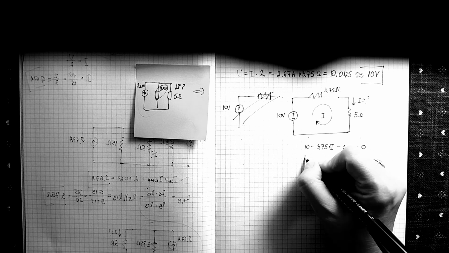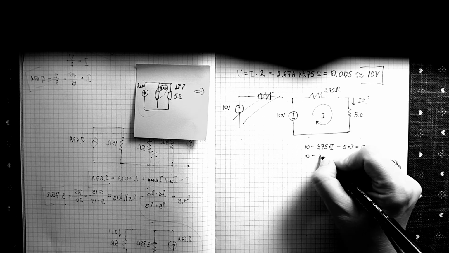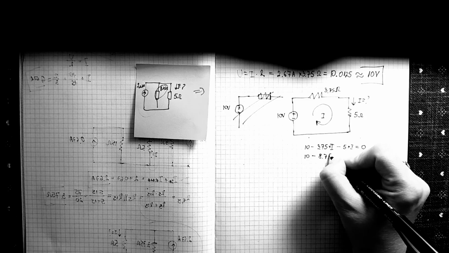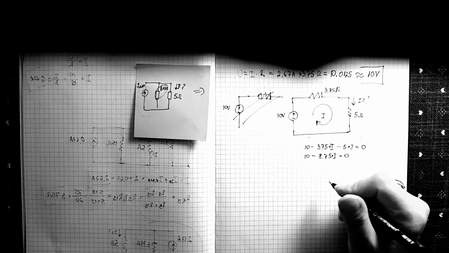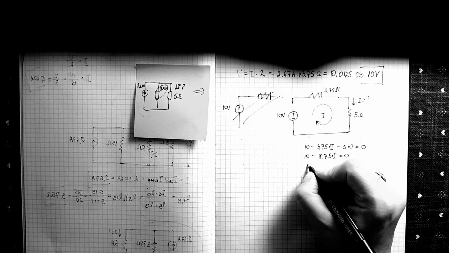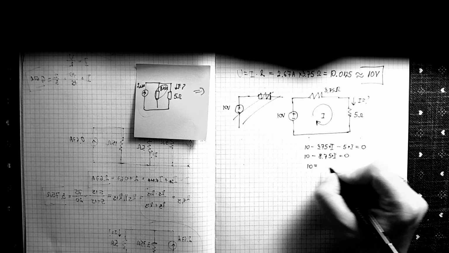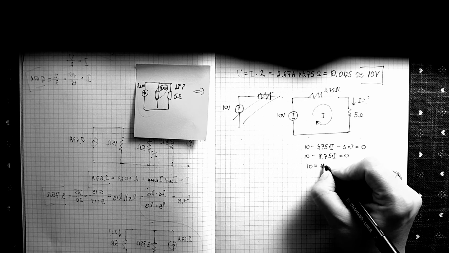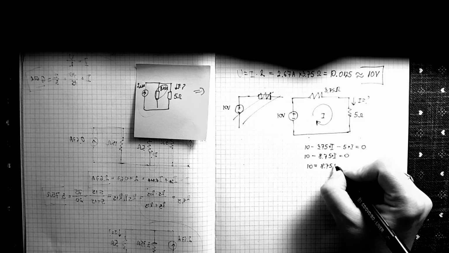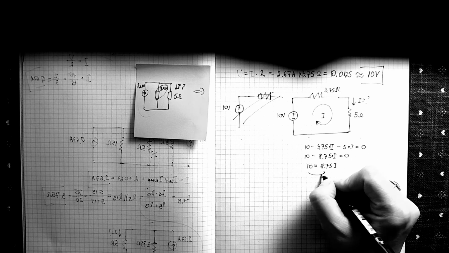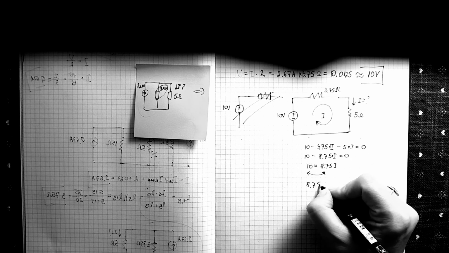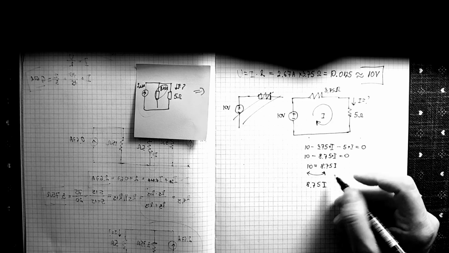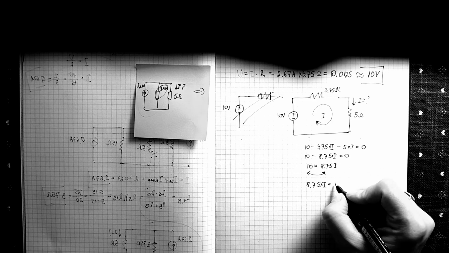So it will be 10 minus 8.75 I equals 0. Then 10 is equal to 8.75 I. We can swap these places, that will be 8.75 I equals 10.